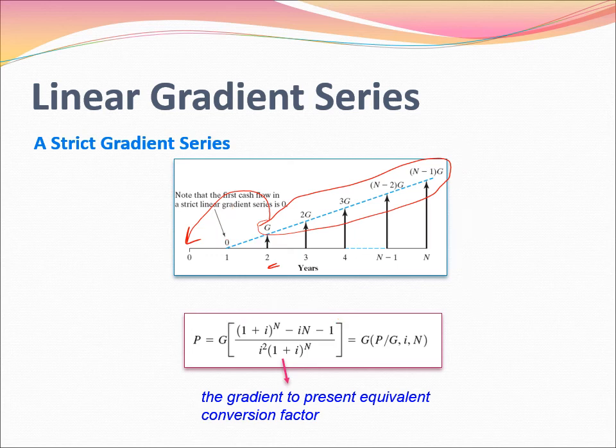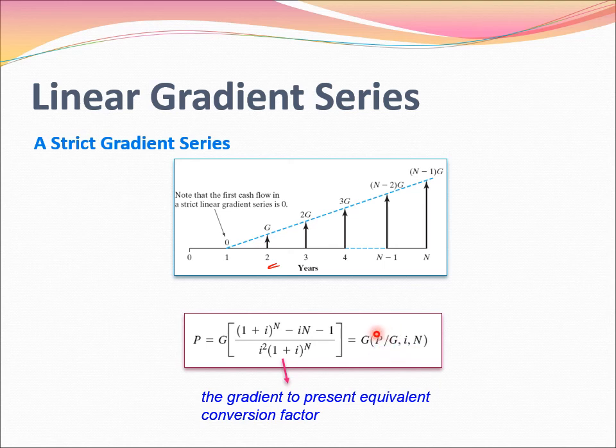This formula is developed for this structure and finds the present value when there is a change in the cash flow by an amount of G, and this first increase occurs at the end of year 2. And this is the factor representation of the same.